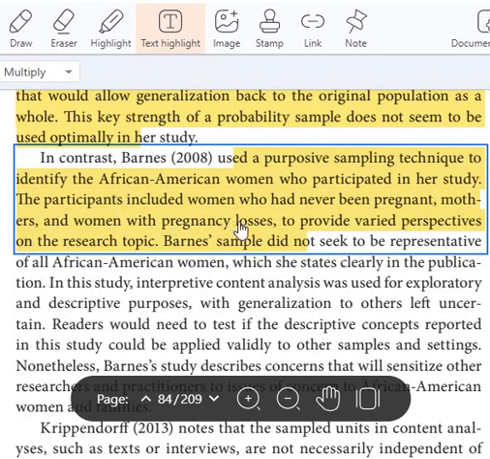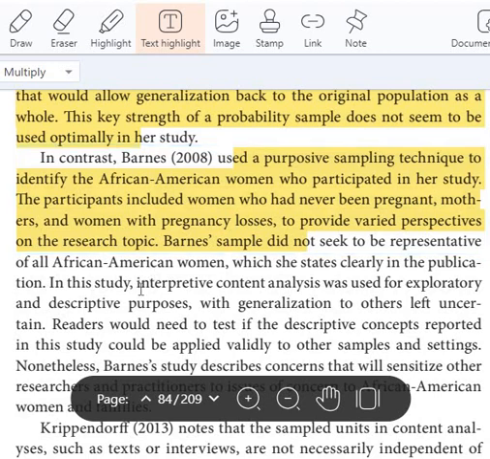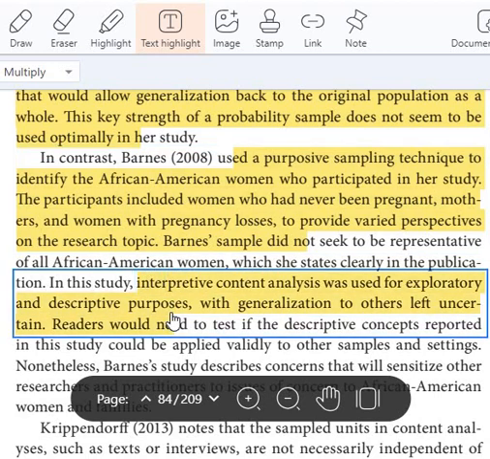The participants included women who had never been pregnant, mothers, and women with pregnancy losses, to provide varied perspectives on the research topic. So here in Barnes' study, interpretive content analysis was used for exploratory and descriptive purposes, with generalization to others left uncertain.